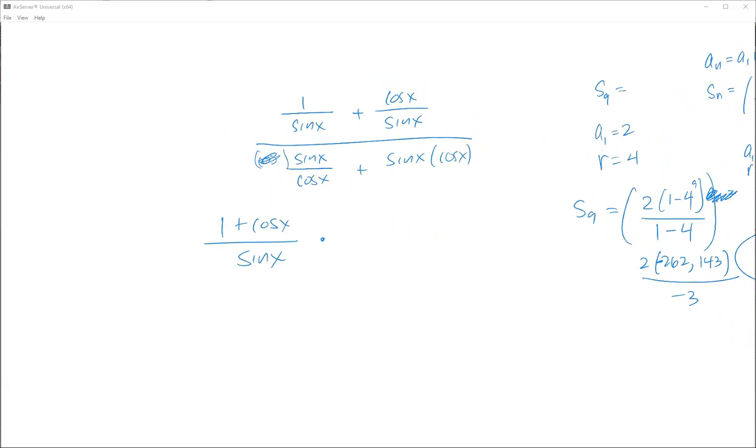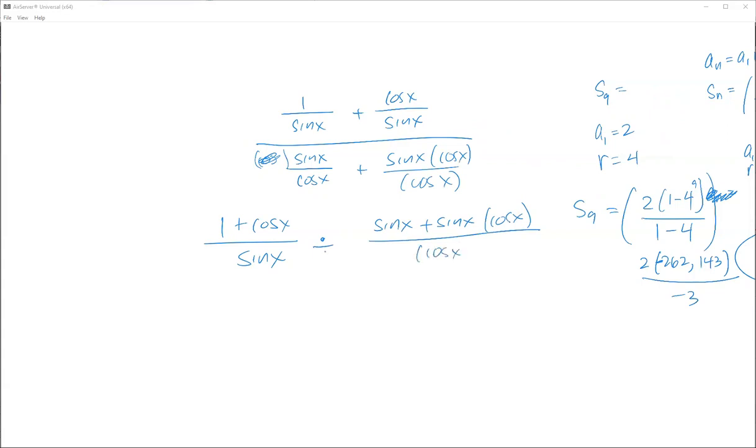So that will be sine x plus sine x cosine x all over cosine x.